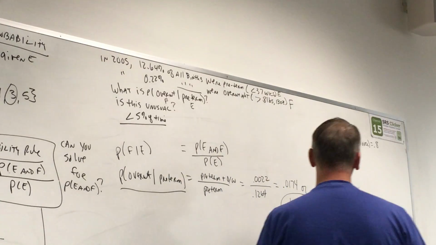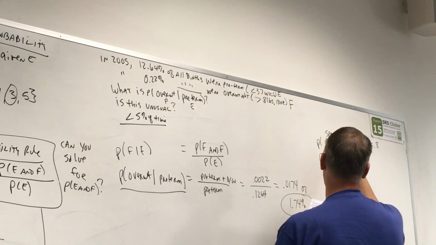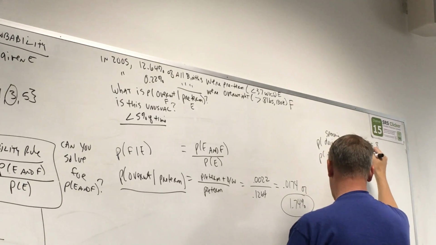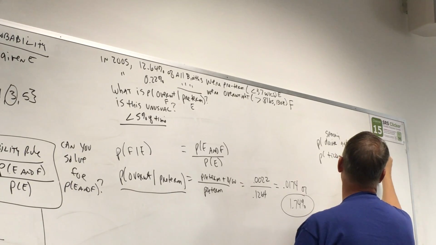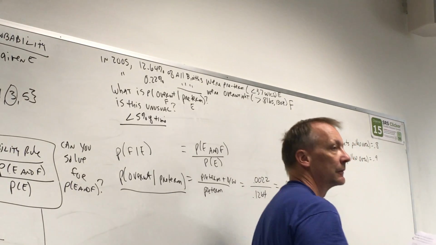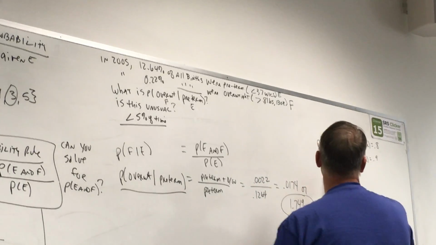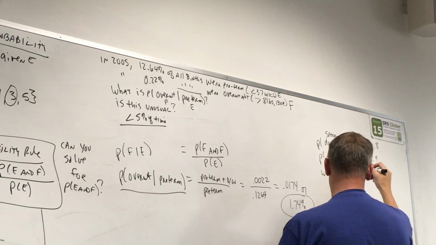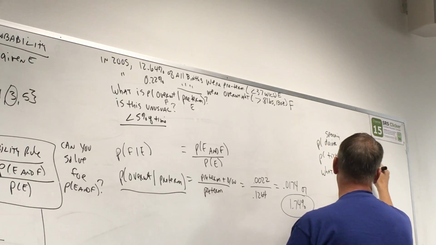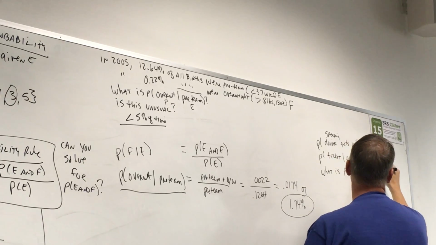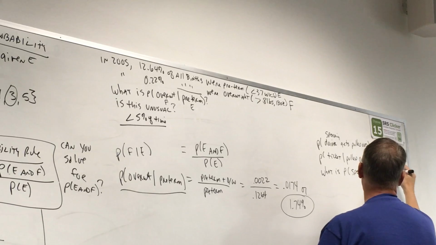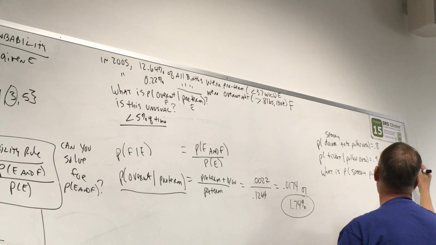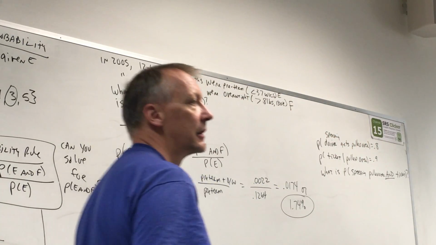Let's say that the probability that the driver gets a ticket, given that they were pulled over, equals 0.9. Okay? What is the probability that a driver who is speeding gets pulled over and gets a ticket? Okay?